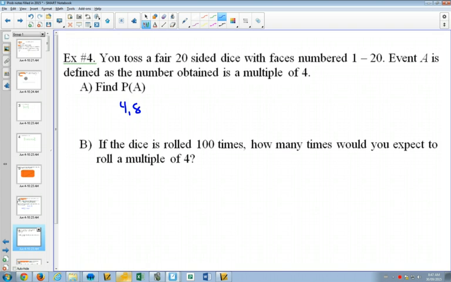Right, there'd be 4, 8, 12, 16, and 20. So when you're figuring out your probability of that event A, there are 5 events, and our total number is 20. So we've got a probability of 5 out of 20, which reduces to 1 out of 4.